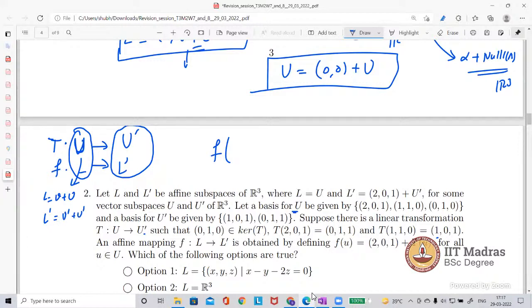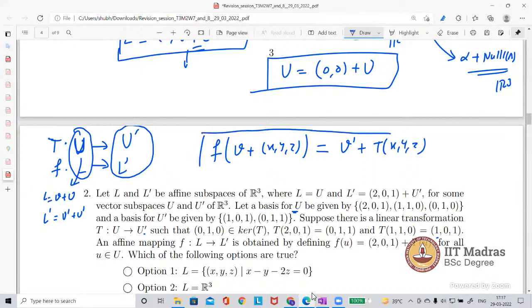The affine mapping F on v plus u, let's say u is (x, y, z) if you are dealing with R3, should equal v prime plus T of (x, y, z). If this happens, then F is an affine mapping. There is an associated linear transformation.